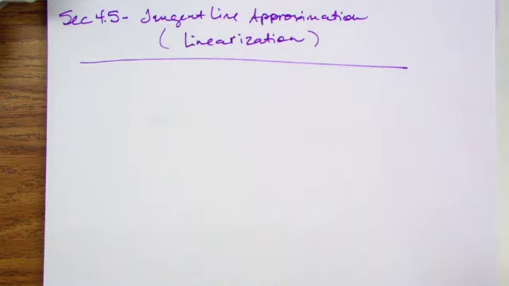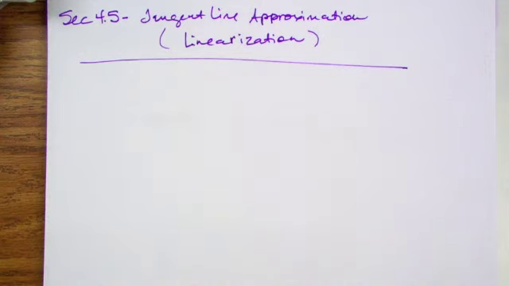Today's lesson seems a little silly with the tangent line approximation because it's like, well, I have a calculator. Why wouldn't I just find the value with the calculator? And I get that. But we have to start somewhere because ultimately what we're going to do is piece together all of these little tangent lines to come up with a function, to come up with a graph of a function that we can't create.